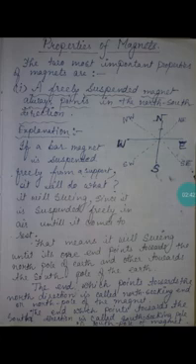So let's understand this. Here is the explanation. We know a bar magnet. If a bar magnet is suspended freely from a support, it will do what? Suspended freely means the bar magnet is hung from a support in air.